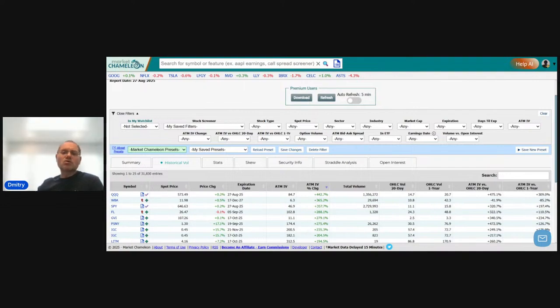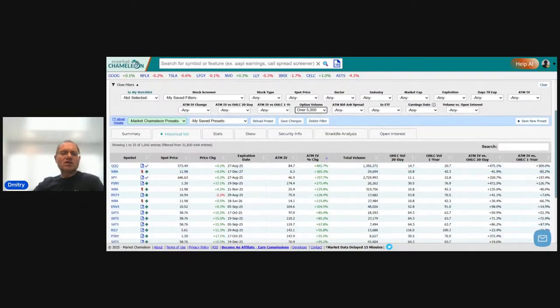So there's some trading going on in there, at least 5,000 contracts. If you click on that, now you could see we narrowed down our potential items to analyze from 31,800 to 1,042. Okay, so these are all option expirations with volume over 5,000 contracts.